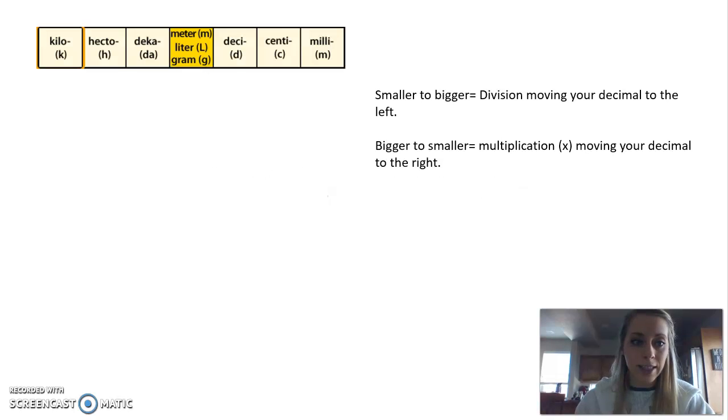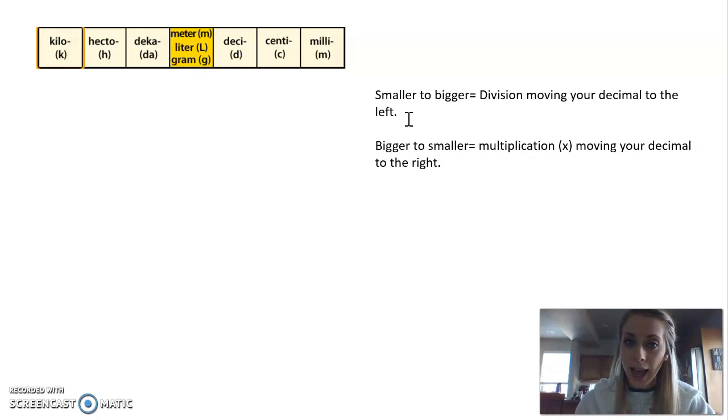So through this lesson, we will always be using this table that we have here, okay? Another thing to remember as we've gone throughout chapter 10: every time we're going from a smaller unit and trying to convert it to a bigger unit, you always use division.